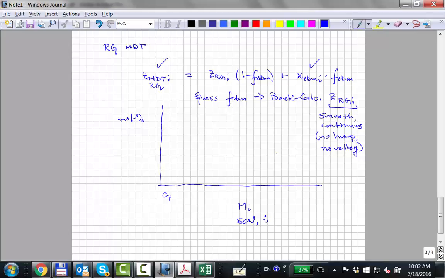So we basically want the C7, C8, C9, C10. There is no oil-based mud, so this is always going to look the same. Okay? And then we want this trend to kind of be continuous. And if we plot FOBM 0, it's going to look like this.